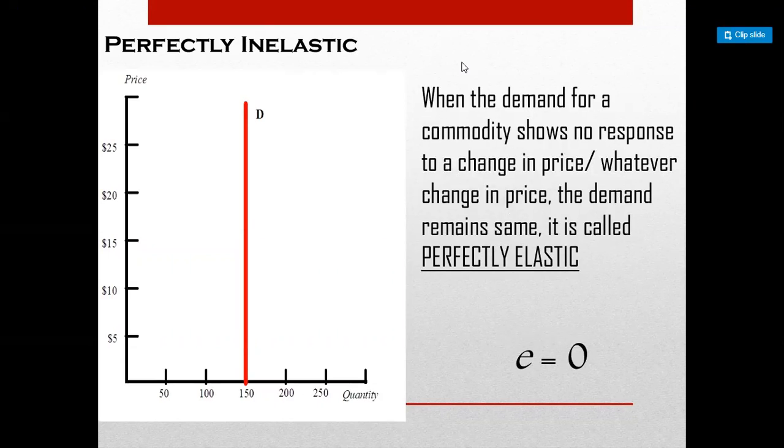Next is perfectly inelastic demand. When there is no change in demand with a change in price, then the demand for such a commodity is said to be perfectly inelastic. In such a case, Ed equals 0 and the demand curve DD is a vertical straight line parallel to the y-axis, shown here in the figure.